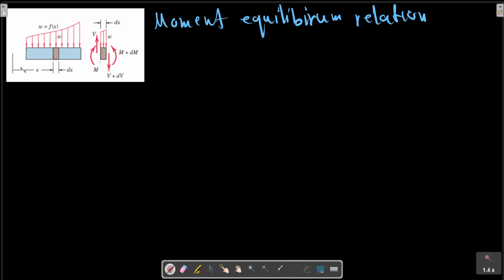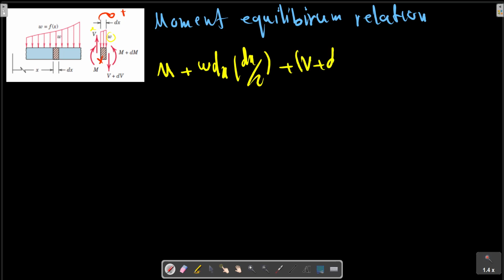Summing moments for the left side, positive clockwise, we have this relation: M. V produces no moment, but omega dx can produce some moment, multiplied by dx over 2, the distance to the left side, V plus dV times dx, M plus dM.